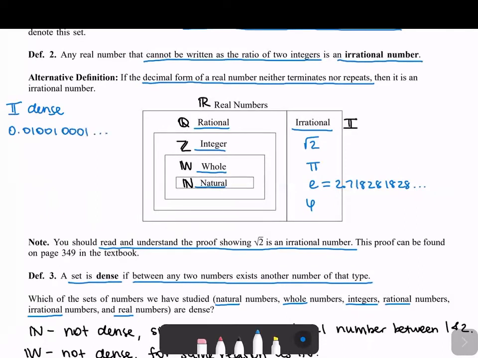So if we have this irrational number and we have something that's really similar, 0.0100 10011, and we want to know what's between these two numbers, we can do that just by, first off, expanding the numbers.